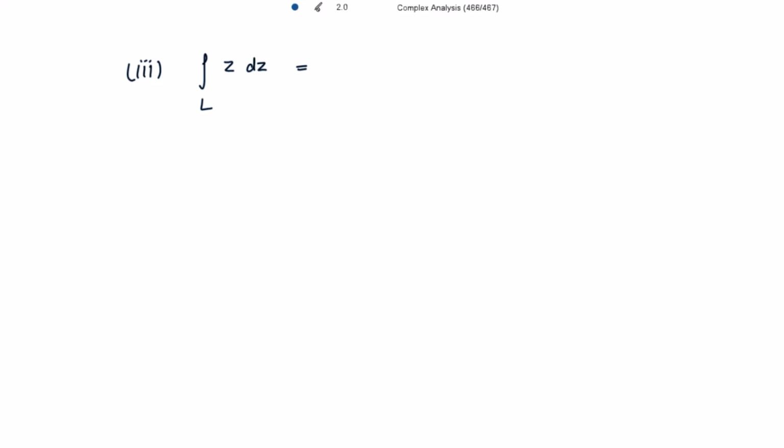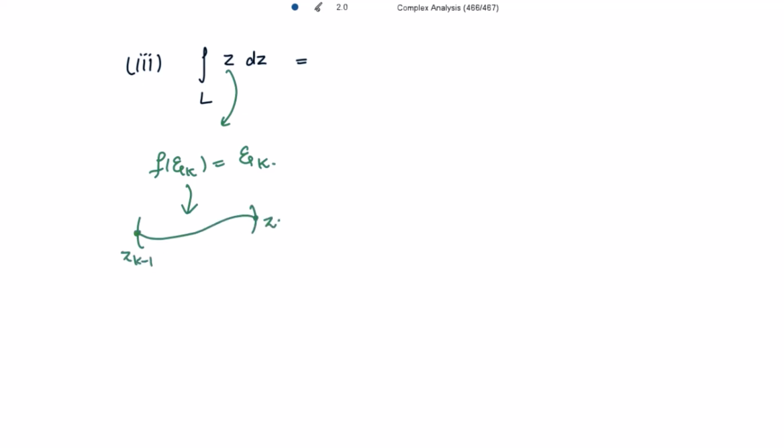Third part, integration of z dz. Now here your f of xi k is xi k, right? Writing z to be your xi k. Xi k is represented as the value zk, where this xi k is the point on the sub arc joining the points zk minus 1 to zk, right?